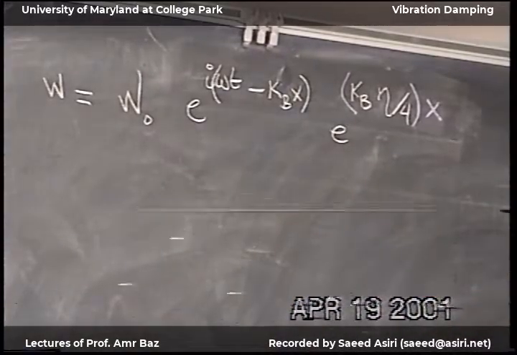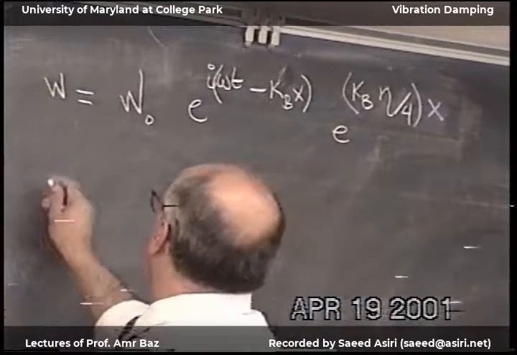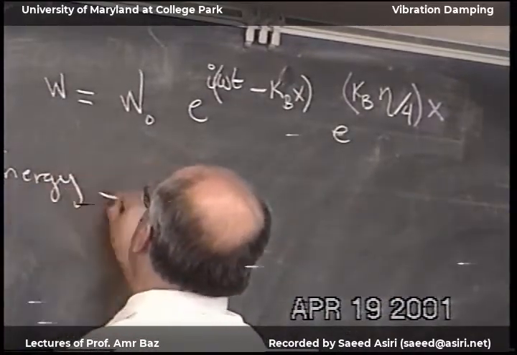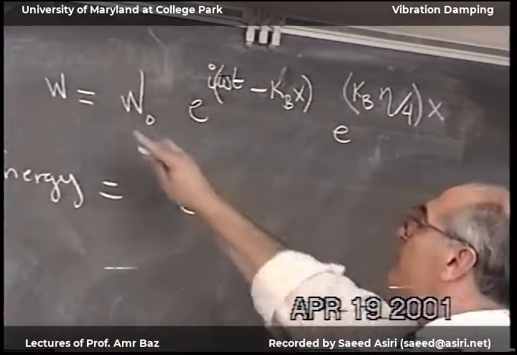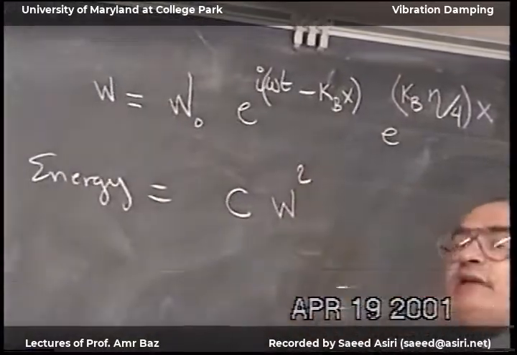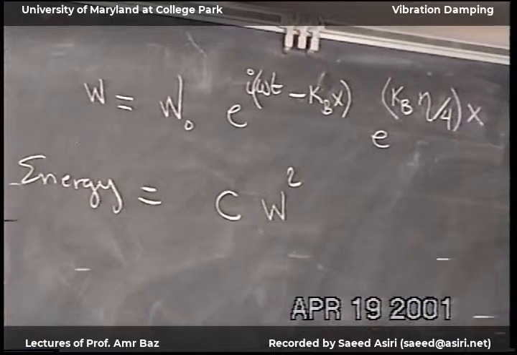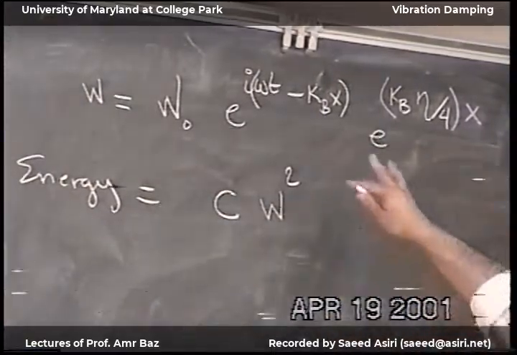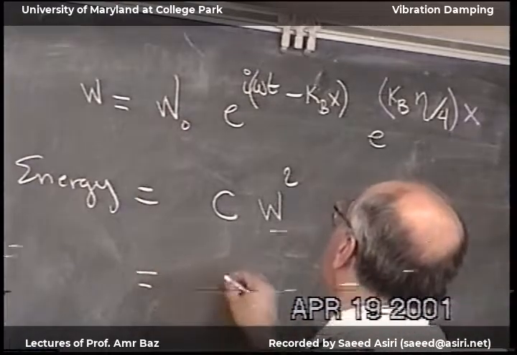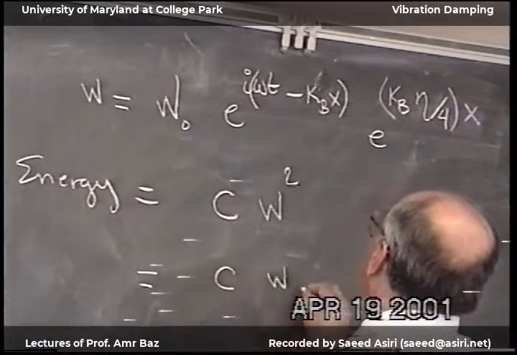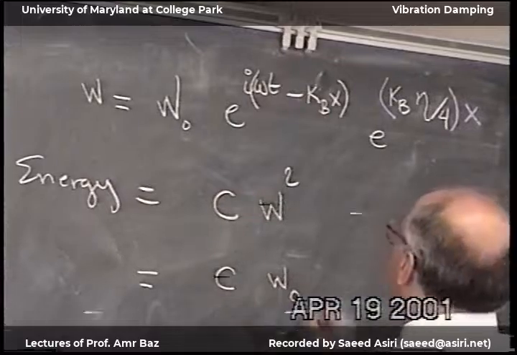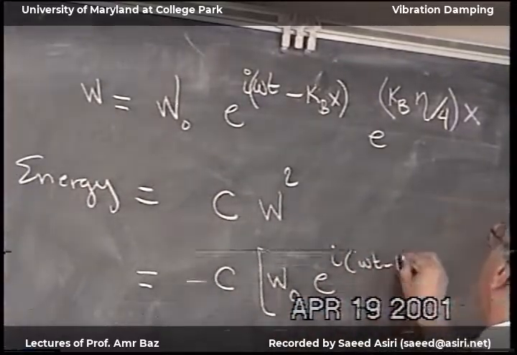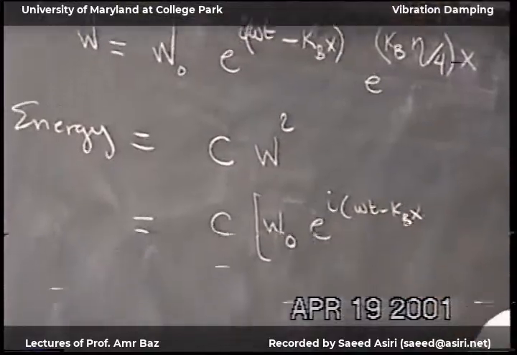And then now we said the energy is proportional to the deflection amplitude squared, the deflection squared. So now I can replace everything from here and plug it in for the W. So this will equal C W0 e to the i omega t minus k_b and x.